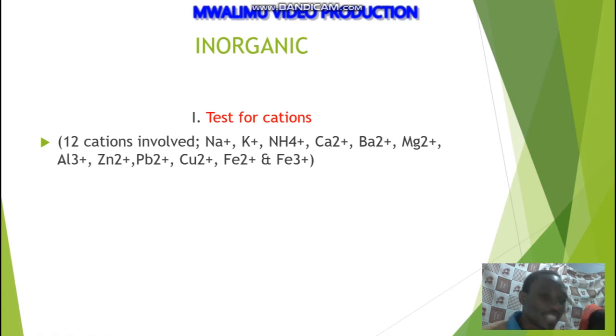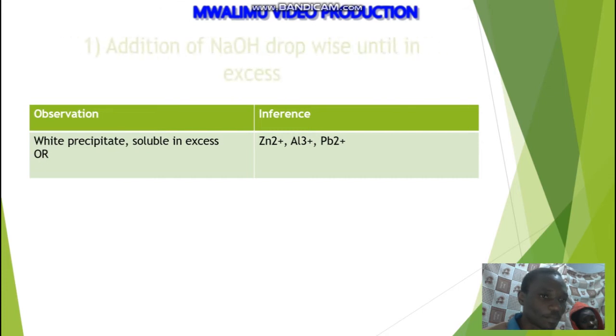The cations that will be tested are sodium ions, potassium ions, ammonium ions, calcium 2 ions, barium 2 ions, magnesium 2 ions, aluminium 3 ions, zinc 2 ions, lead 2 ions, copper 2 ions, iron 2 ions, and iron 3 ions. Those are the 12 cations involved in the test of cations in the inorganic testing.